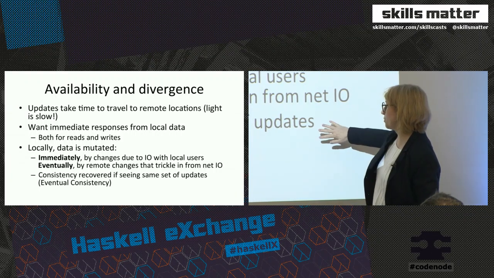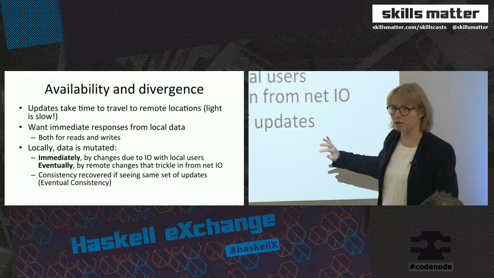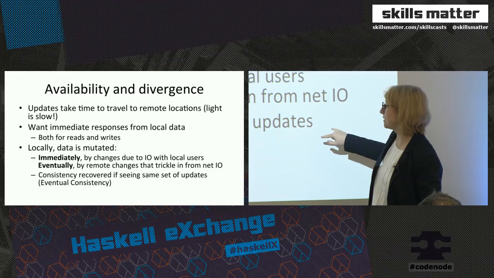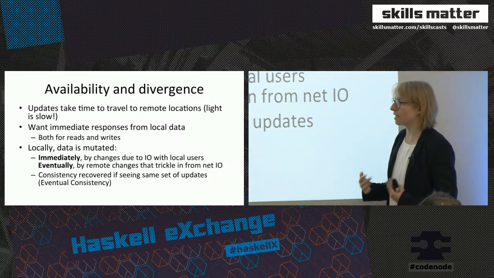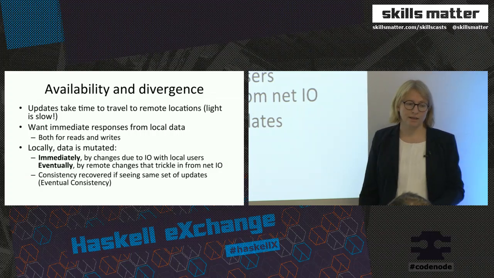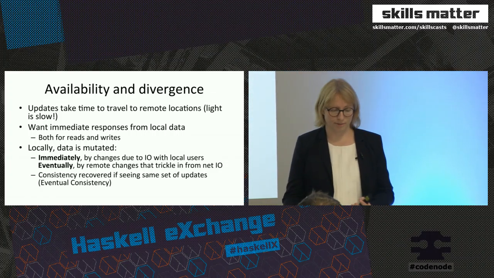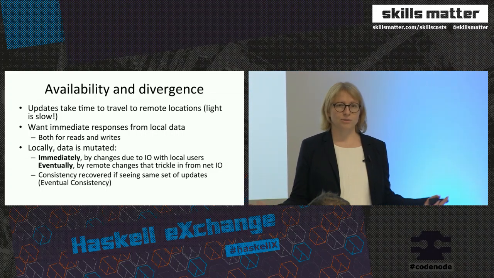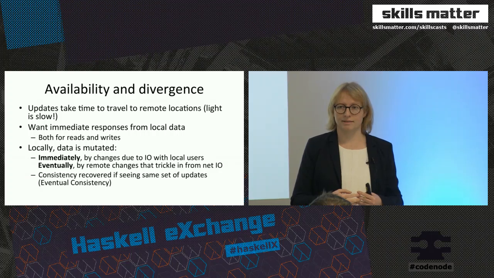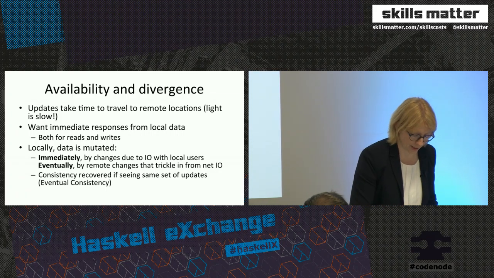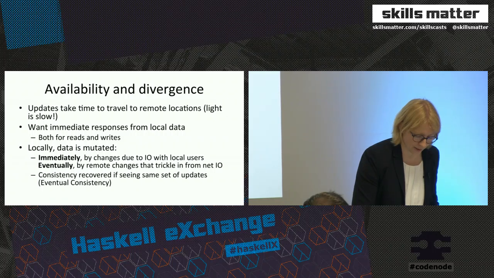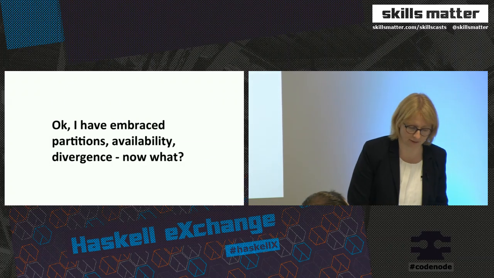And what we then want to ensure, on database level, not on application level, is that at some point we can recover the consistency. If I have two replicas, as soon as they have seen the same set of updates, they should agree on the same state of things.